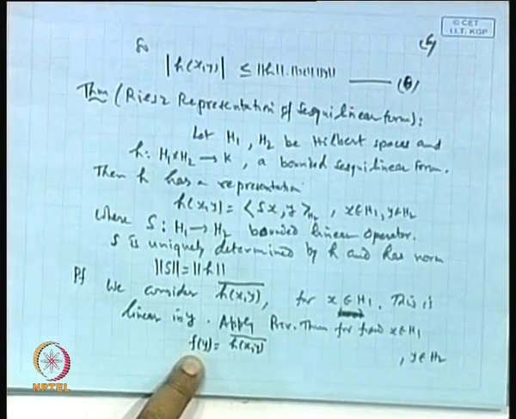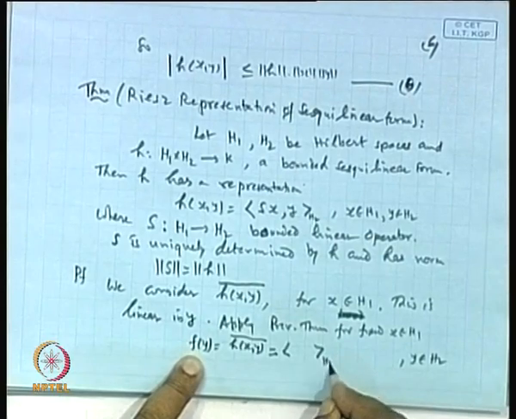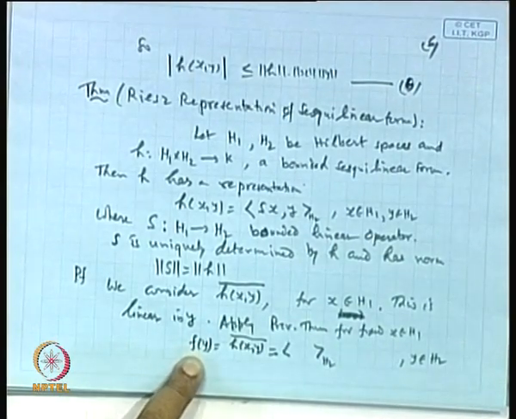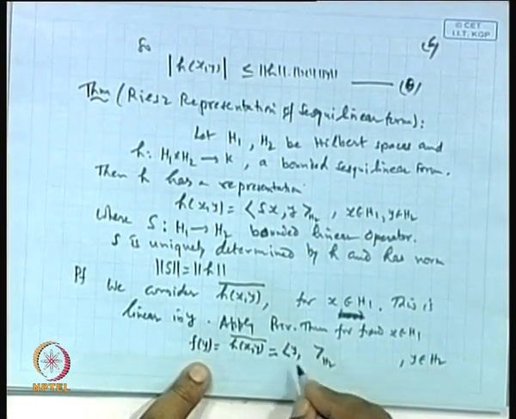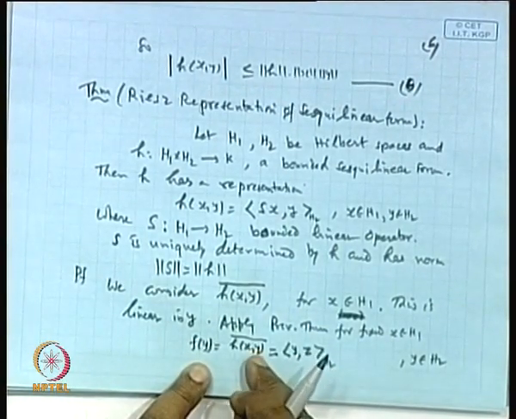So, this will be given in terms of the inner product of H2, and this inner product will be in the form of y comma z, because here y is the variable.